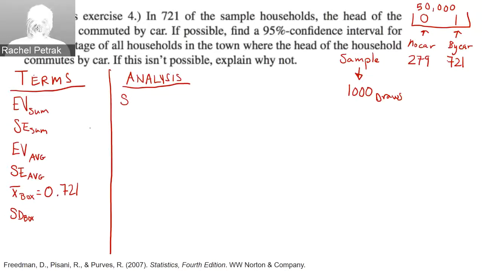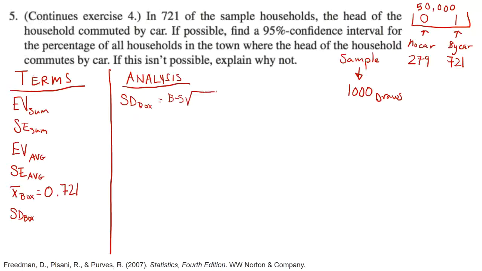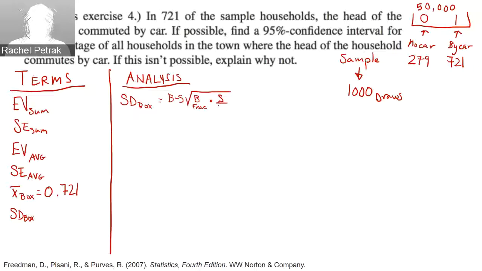And we can get the SD of the box by using our shortcut, big minus small, times the square root of the big fraction times the small fraction, or 1 minus 0, times the square root of 0.721 times 0.279.